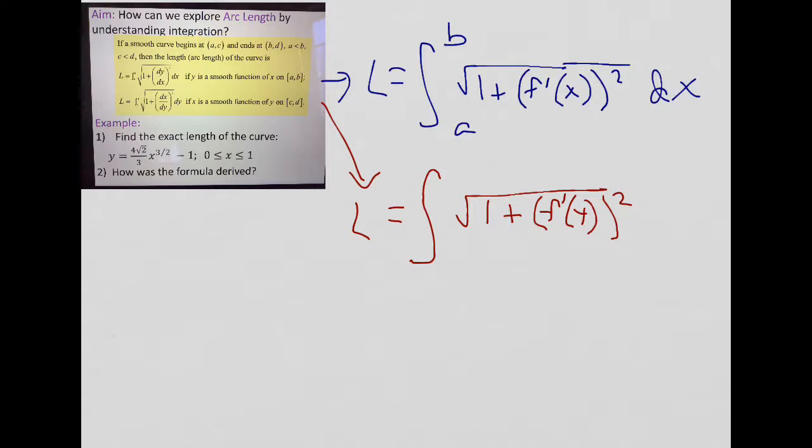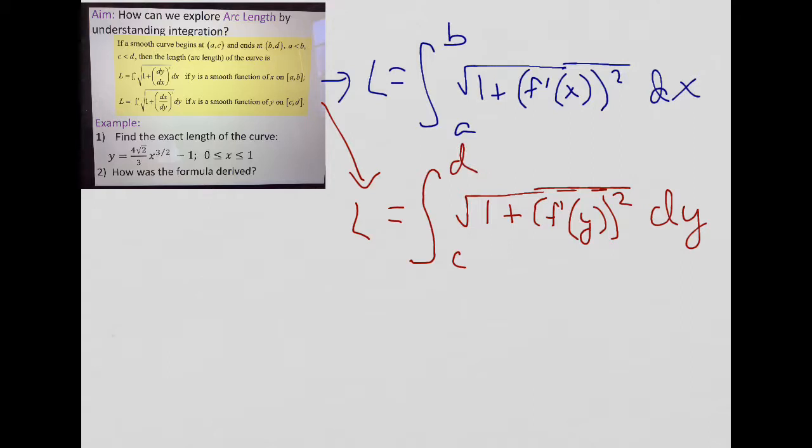So sometimes we may have to integrate with respect to y. I'm sorry that f is a little sloppy, let me fix that. We're going to need the y values, the y coordinates, so it's going from c to d.